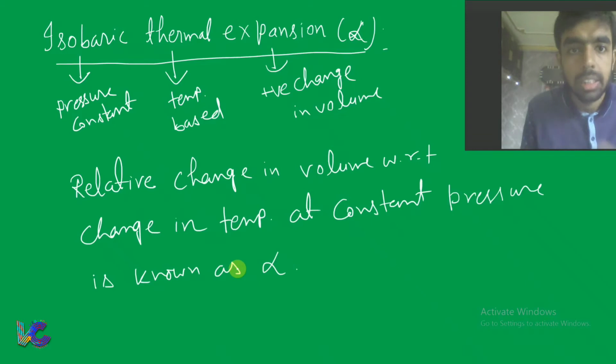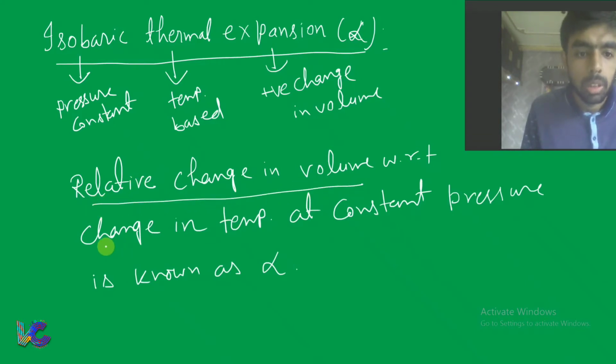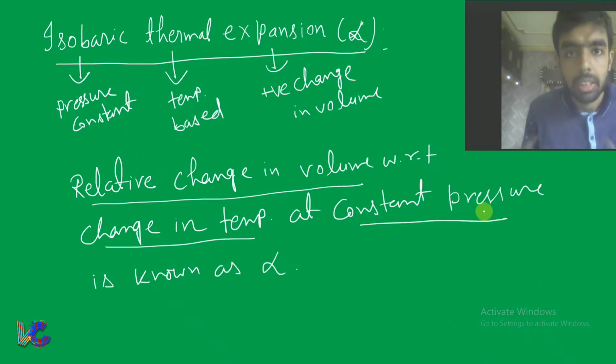From the name itself you can understand isobaric means pressure is constant, thermal means temperature based, expansion means positive change in volume. That means there are mainly three terms: relative change in volume with respect to change in temperature, and the pressure is constant. That is alpha.